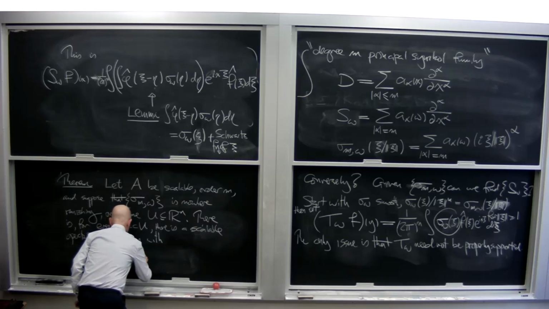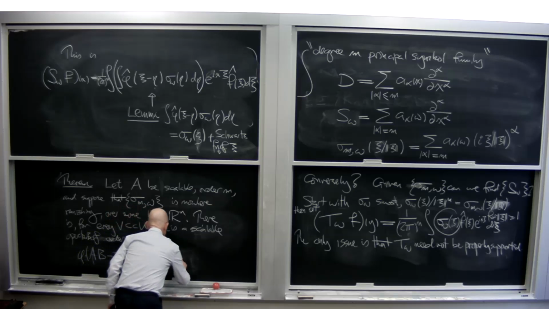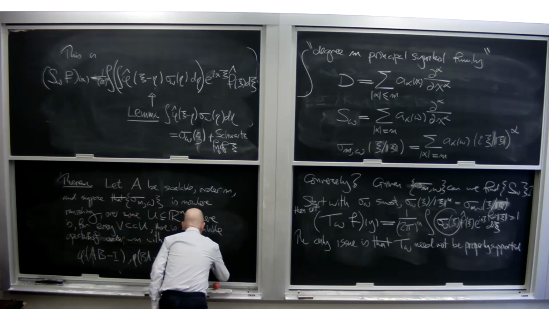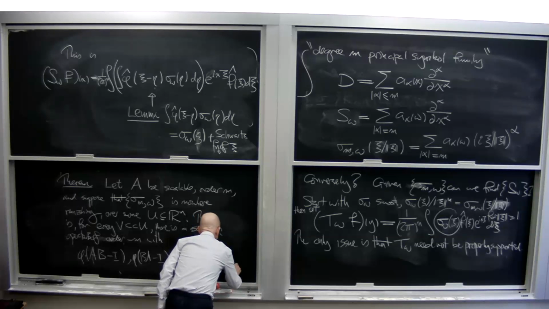Or do it the other way around, phi times BA minus the identity. These guys here are smoothing operators. And this should be true for all phi as long as the support of phi sits inside of V.